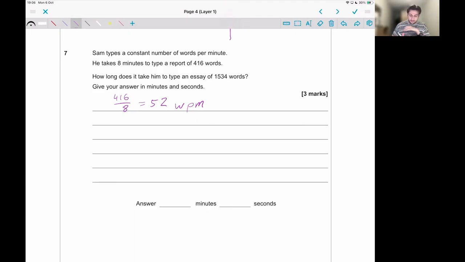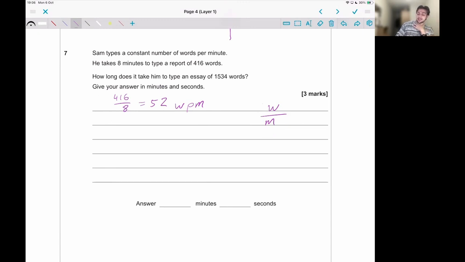Well, we can think of this like a speed, right? We worked this out by doing the total number of words divided by the total number of minutes. And in fact, that's what WPM means, words per minute, words divided by minutes.